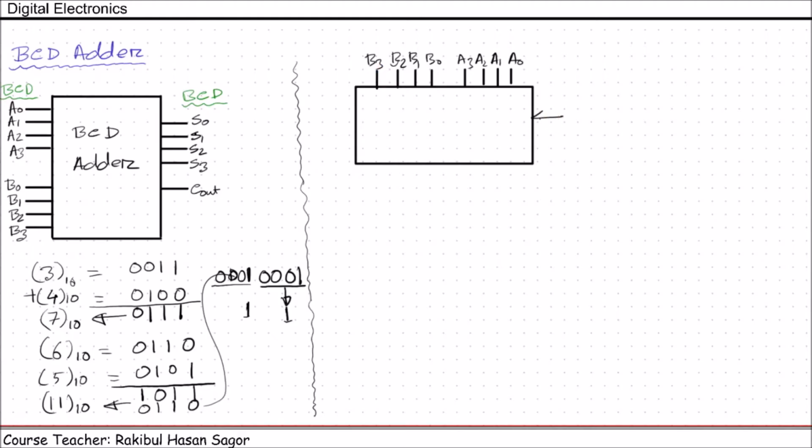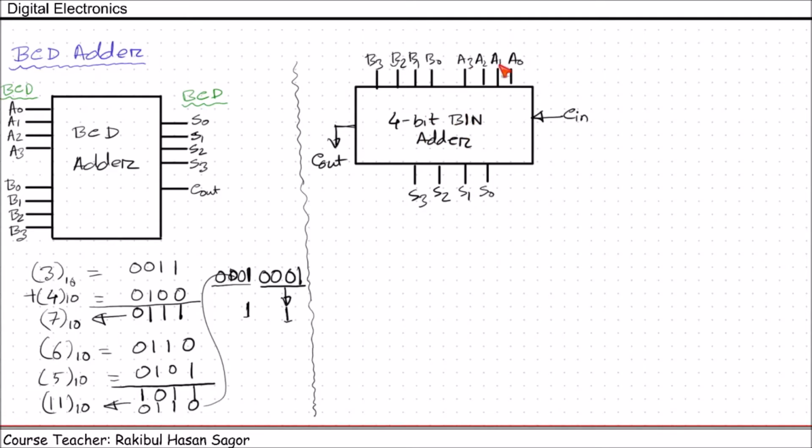We have carry in, C in, and carry out, C out, and the binary summation output S0, S1, S2, S3, and C out. This is 4-bit binary adder.